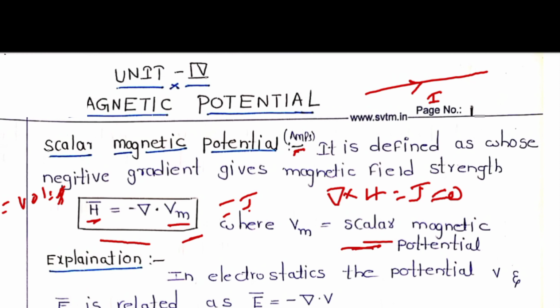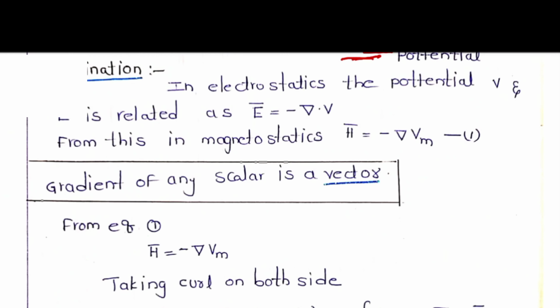This relation is satisfied where the current density is 0. The scalar magnetic potential Vm can be defined for a source-free region where J equals 0; only then does the scalar magnetic potential Vm exist.